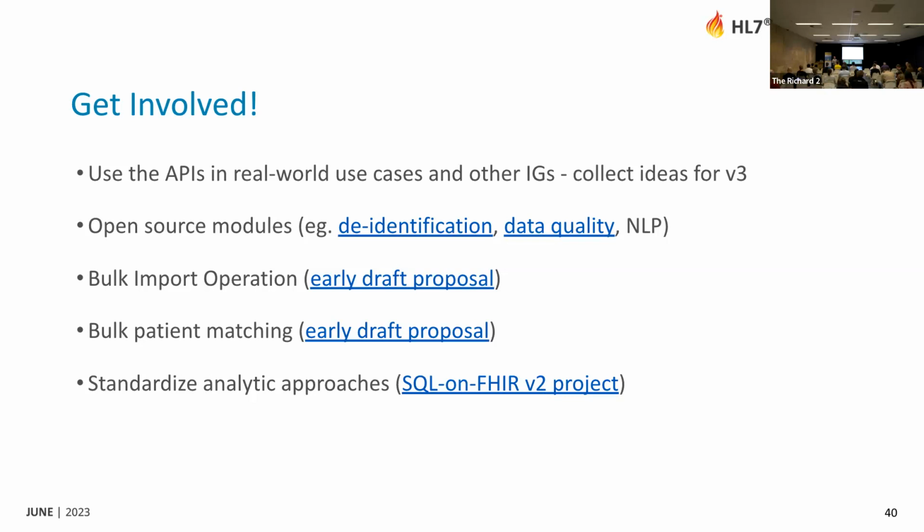The last early work project I wanted to mention is, and I think Nikolai is talking about this later this week, I forget if it's tomorrow or the next day, a project that a bunch of folks in the community have started working on called SQL on FHIR, Version 2. And so the goal there is to standardize how you write analytic queries against a FHIR data set that you've loaded into a data warehouse or are operating directly on in ND-JSON.